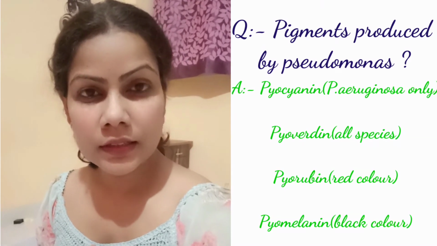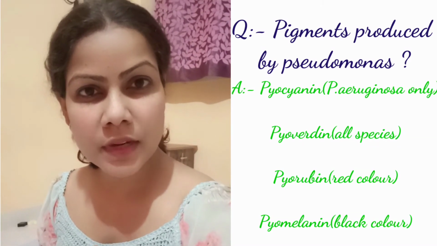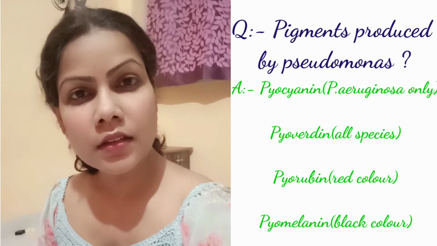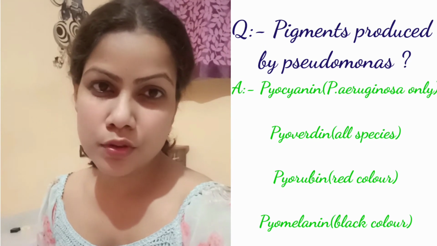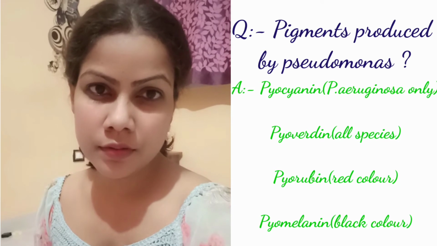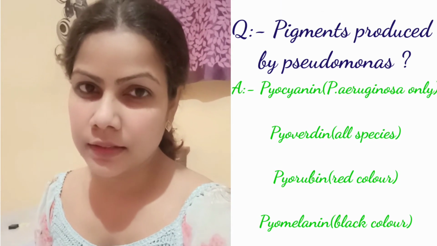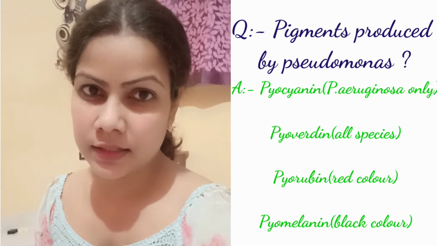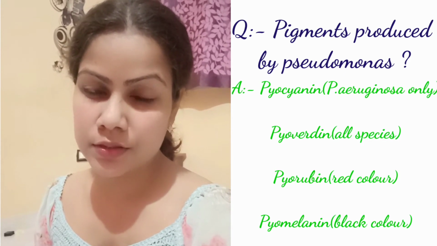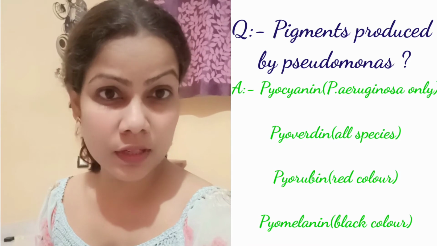Next is, mention the pigments produced by Pseudomonas. Pseudomonas produces 4 types of pigments. That is pyocyanine, which imparts blue-green color and is produced by Pseudomonas aeruginosa only.